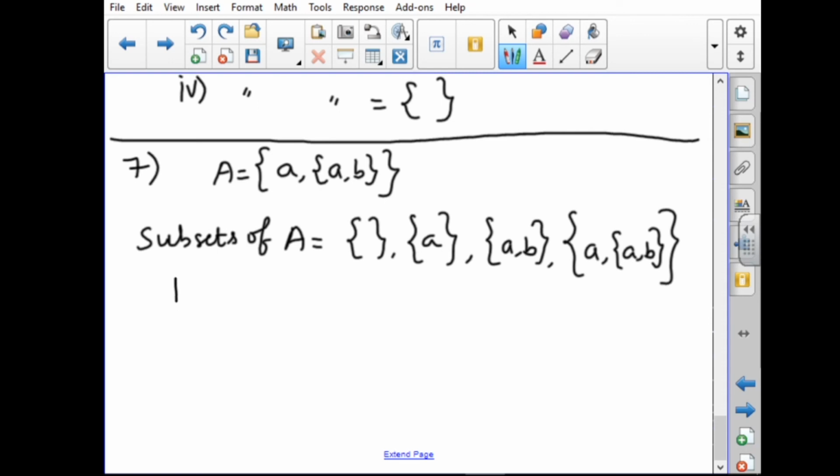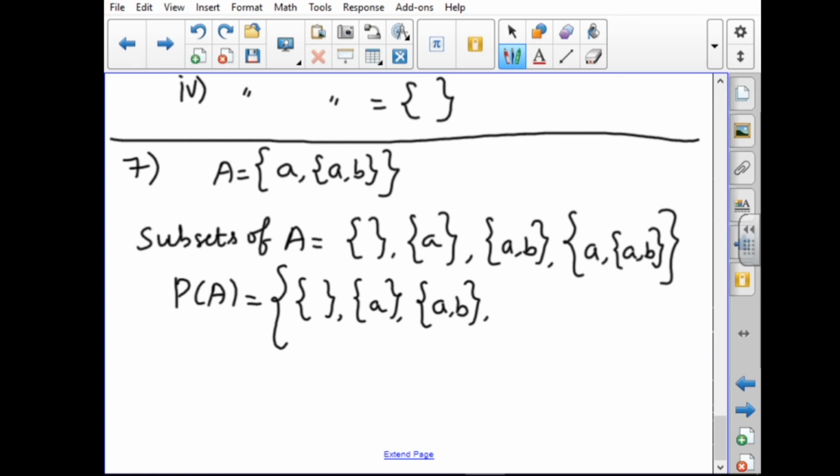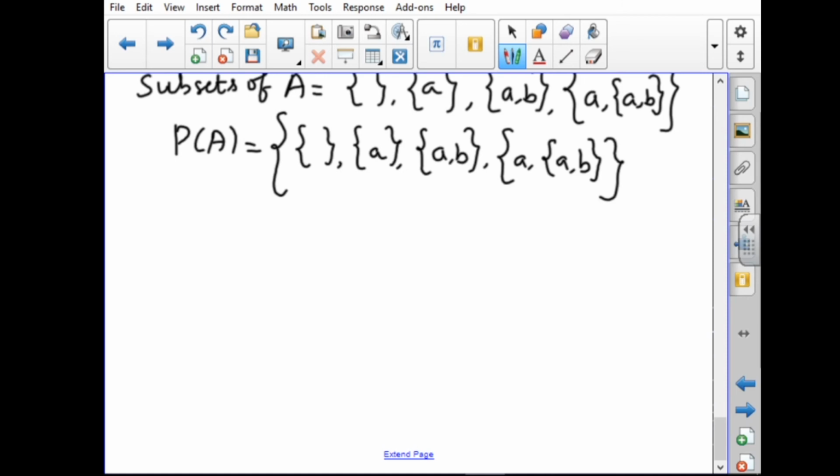That is the power set of A. Suppose they are asking, then you have to write everything in the set bracket, okay. This is the power set, okay. For a subset you should not use the outer bracket, for a power set you use the outer bracket, okay.